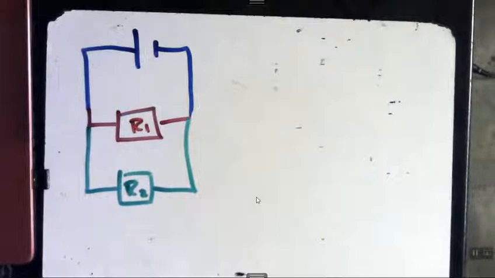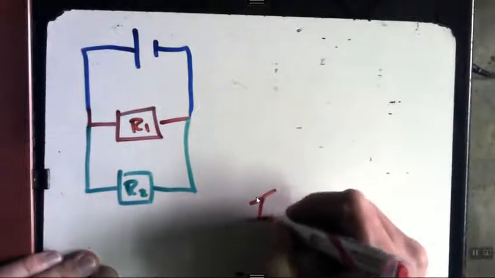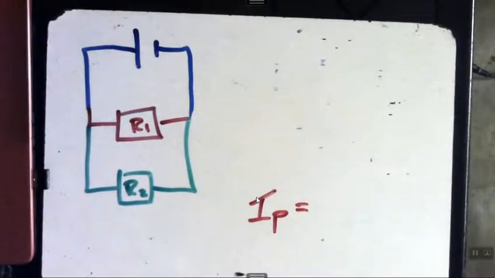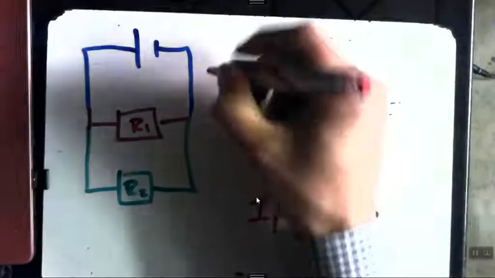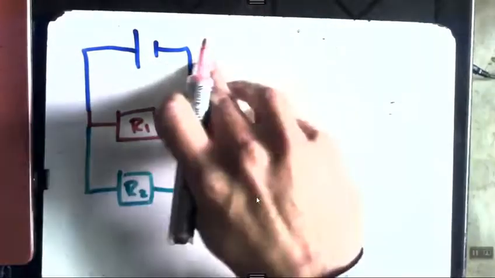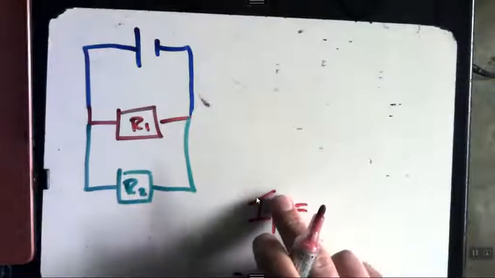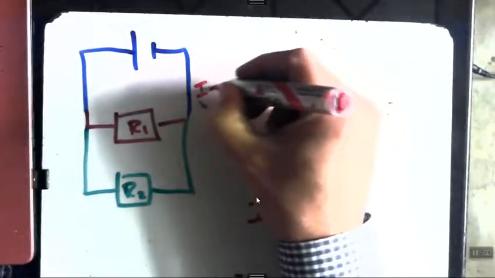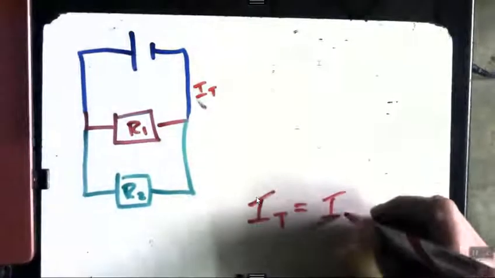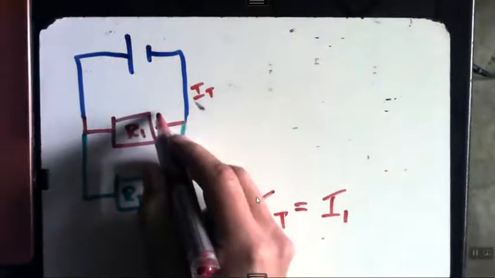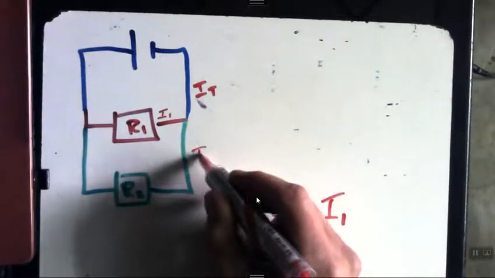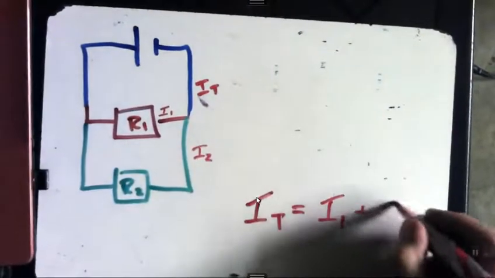We learned that the total current, which is there, is equal to I1 plus I2. Let's call that branch I1 and this branch I2.